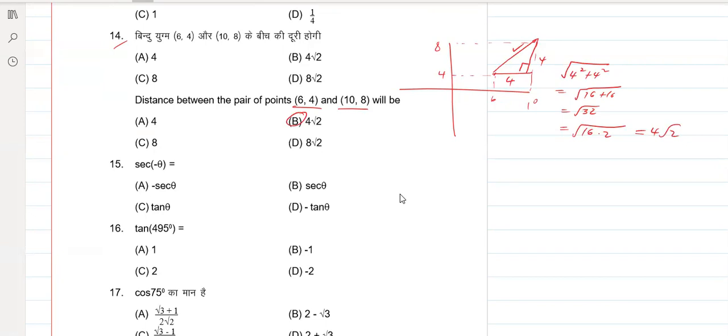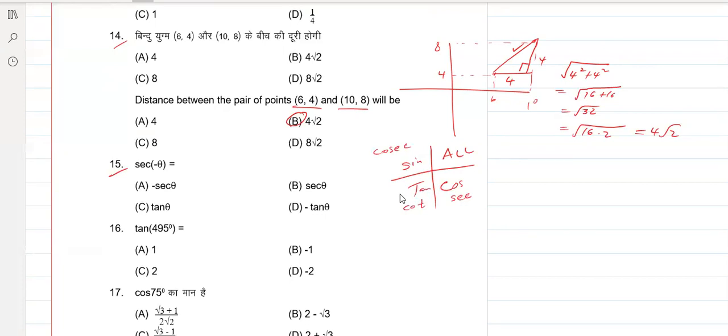Question number 15. Right, so guys, sec of negative theta. Remember the CAST diagram: we have cos and we have sec here, sine and cosec, tan and cot.